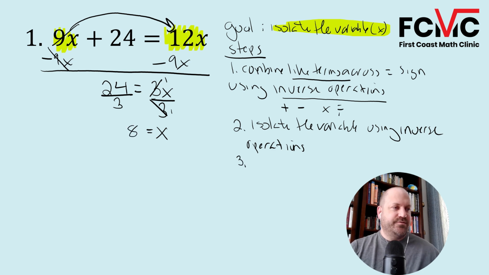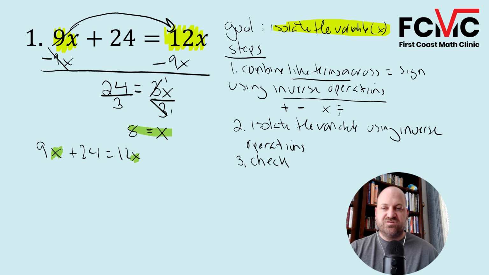And my last step, I like to put a check in. So for our check, we're going to take our original equation, and wherever we see an x, we're going to replace the x with our value, our answer. So in this case, 8. So we're going to have 9 times 8 plus 24 equals 12 times 8.